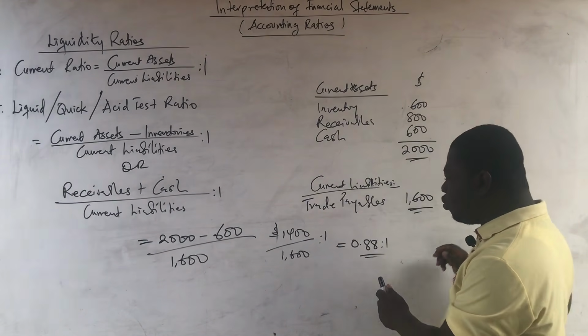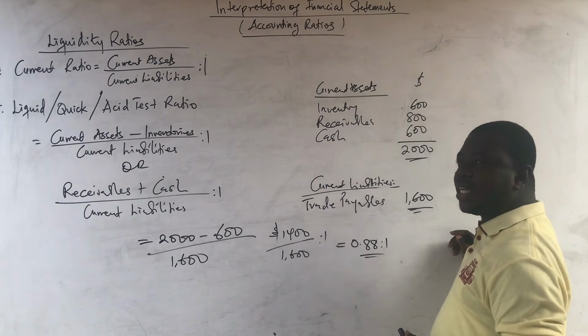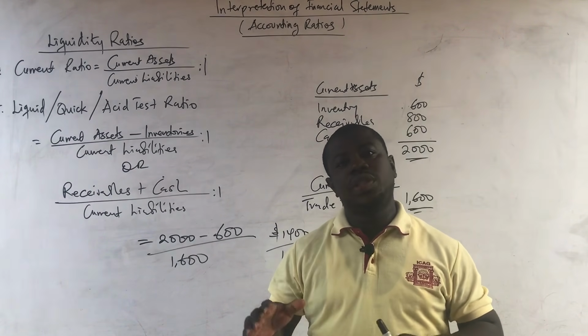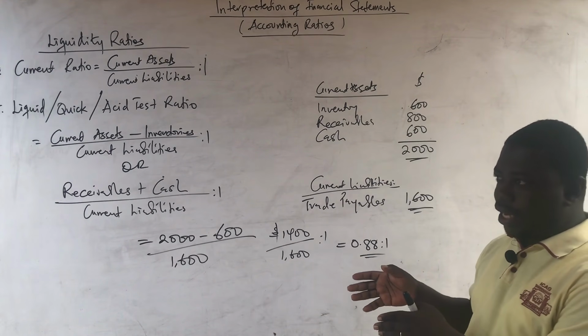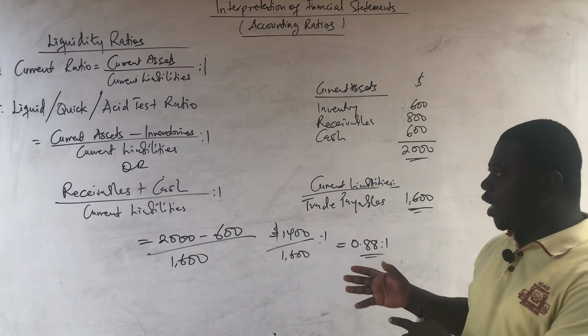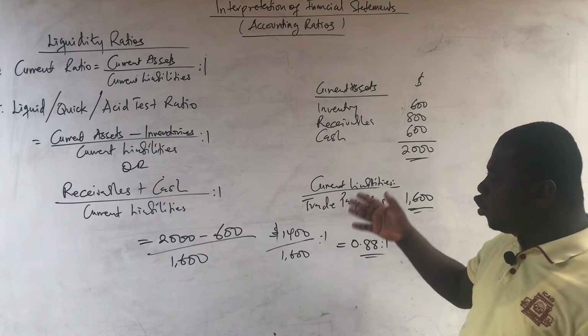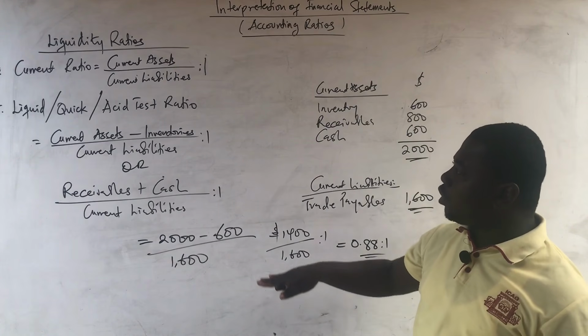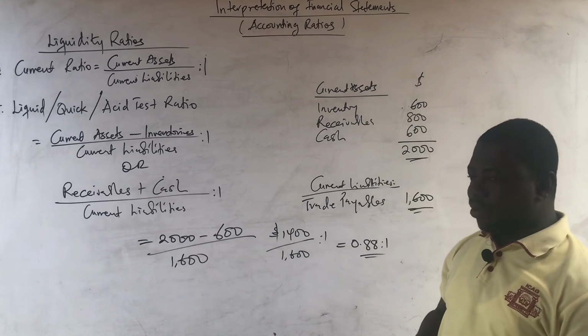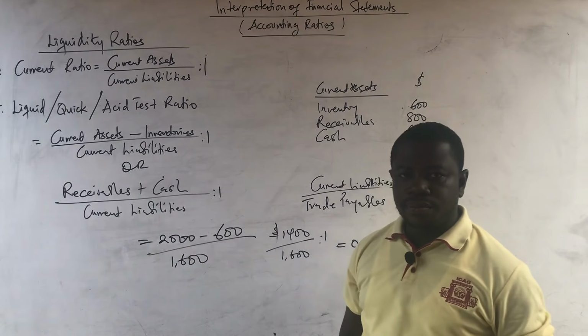But if your industry is doing 0.7 and you are doing 0.88, then you are doing well. So some of these dynamics are based on the yardstick or the standard of performance that we have set, and that is going to be contained in our report. And so yes, this is the current ratio and this is the acid test ratio for liquidity.